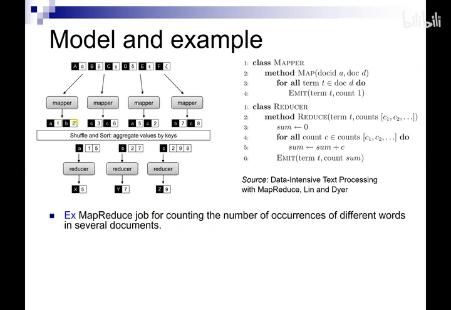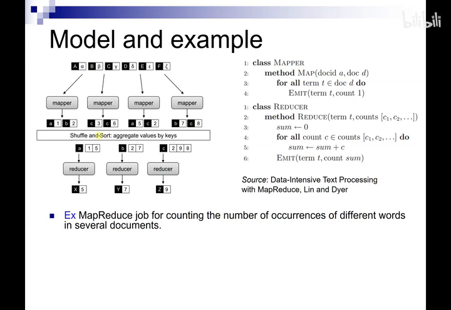Maybe B occurred twice, so there would be 2 tuples B, comma 1. For a different mapper, maybe C occurred 9 times, so he would have C, comma 1, occurring 9 times. After they run their mapping function, all of these mappers produce these tuples, these key value pairs.